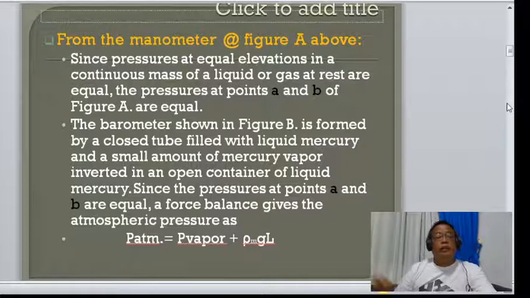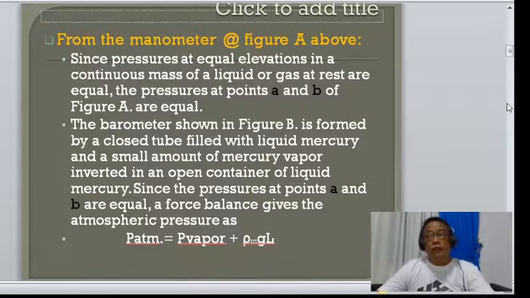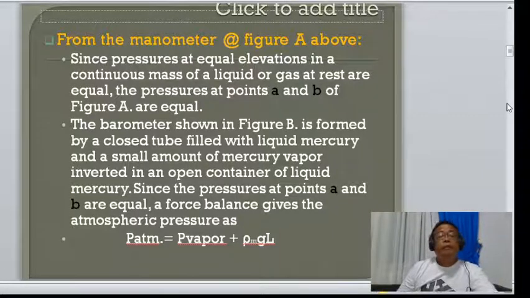Of course, the atmospheric pressure is the summation of the pressure of the column of the liquid and the pressure of the vapor at the top of the barometer.